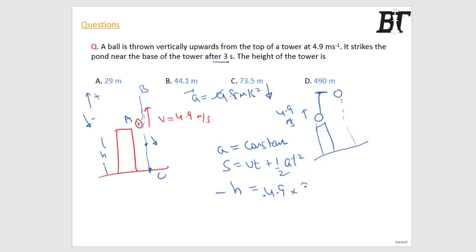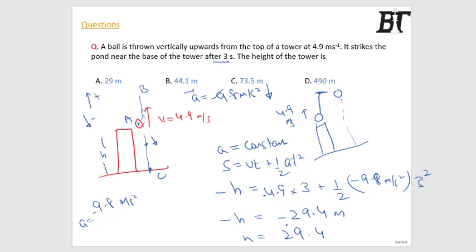Time is given as 3 seconds, plus half. एक्सेलरेशन कितना है? 9.8 meters per second square, but in the downward direction, that's why negative. So minus 9.8 meters per second square into time is 3 again, so 3 square. On solving this, you get height of the tower as 29.4 meters.